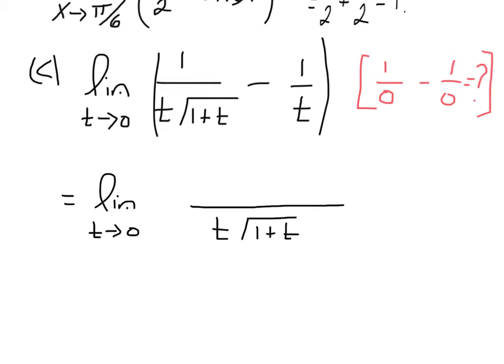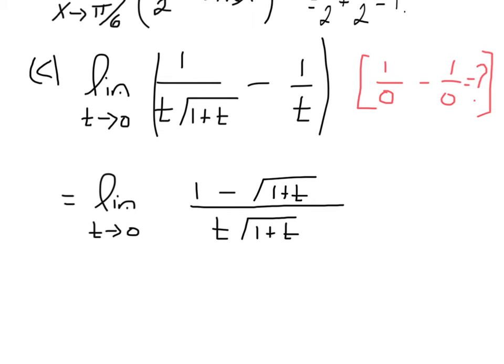Now, in this term here, we didn't actually change anything, so we can just put a 1 here, and then minus. And looking at this term here, we multiplied the denominator by root 1 plus t, so we have to multiply the numerator by the same. And we have minus root 1 plus t here.